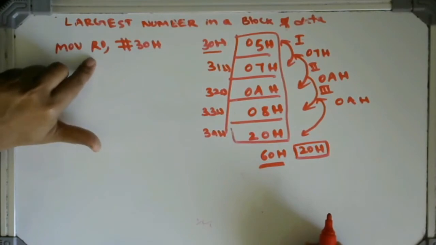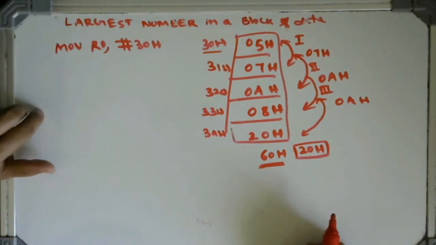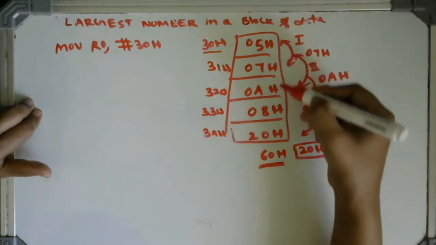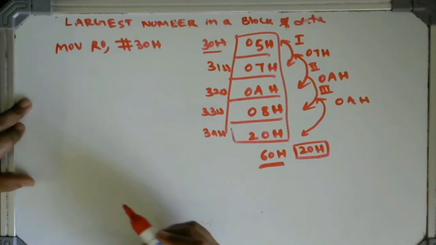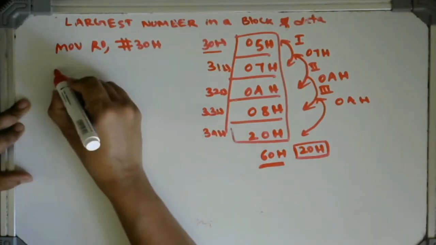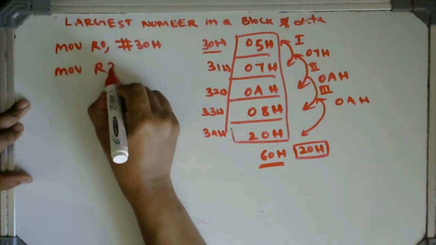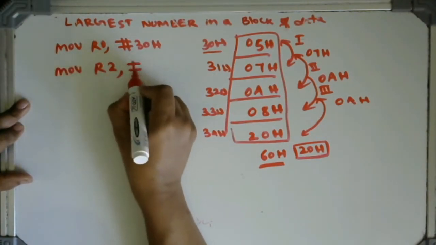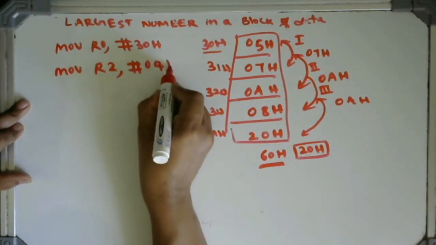So R0 is initialized to point to the internal memory location 30H. Next, as we use the looping method, we need to specify how many comparisons we are going to do. That is initialized with a register. I'll take this as R2, and here we are taking 5 numbers, so the number of comparisons is 4.